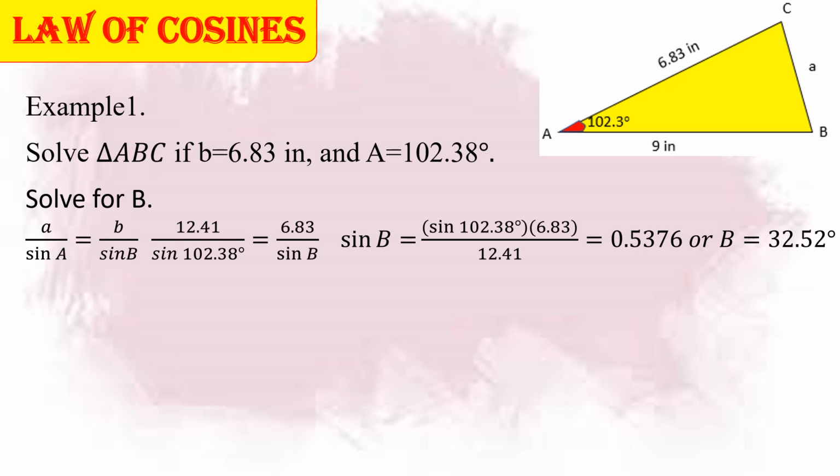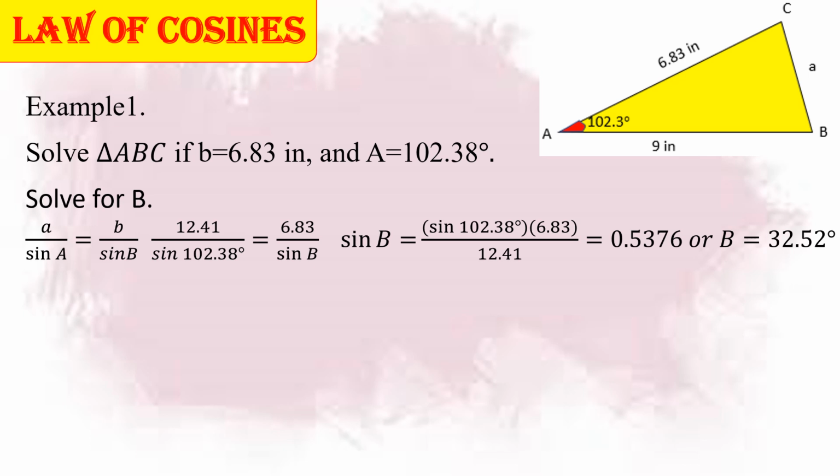So 12.41 over sine 102.38 is equal to 6.83 over sine B. We will now use cross multiplication. So that makes what? Sine B is equal to 6.83 times sine 102.38 over 12.41. And then just input that in your calculator, if you have your scientific calculator.